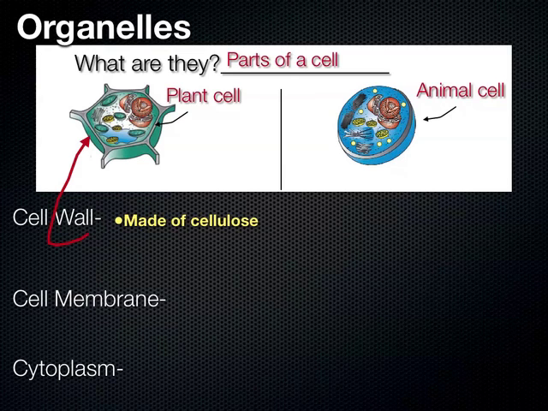The cellulose is like a thick, durable material that makes up the cell wall. The cell wall is very strong and stiff. It gives the plant its outer layer, helps protect it, and also gives the plant its shape. So the cell wall protects and supports the plant.